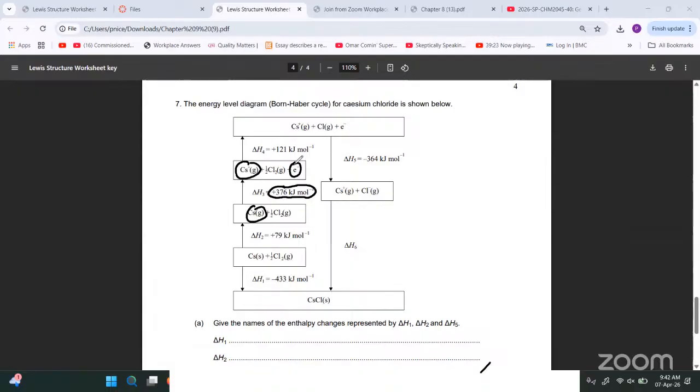Cesium is basically the second to last element from below in group 1A, and sodium is like the third element, right? So sodium is above cesium in that group, right? And the energy that is represented by delta H3 is the first ionization energy, the energy required to remove the valence electrons. So why do you think that cesium has a lower first ionization energy compared to sodium?